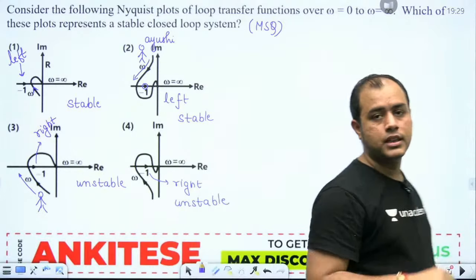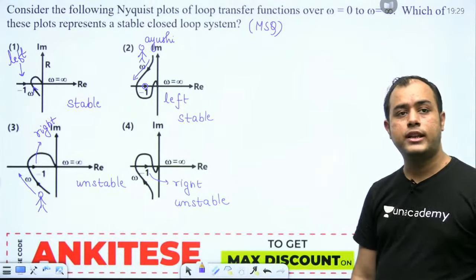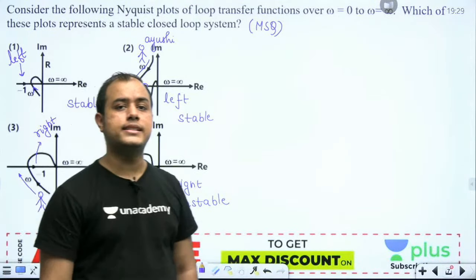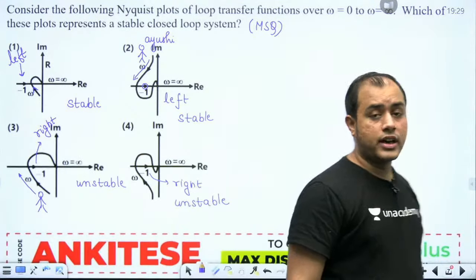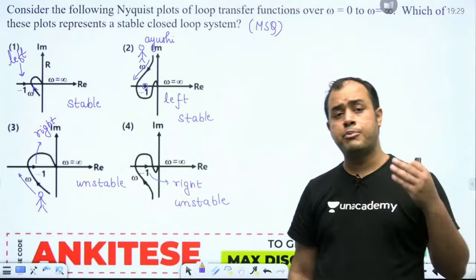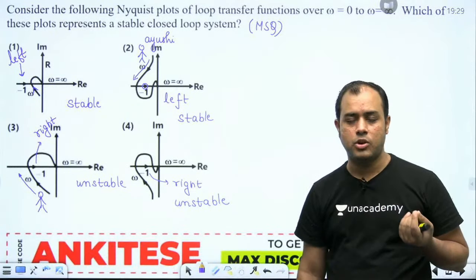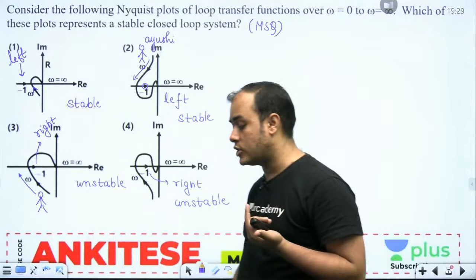Is that clear? Now, one person, Pulkit, is asking: if zeros and poles both are there, how can we quickly draw it? First of all, dear, if poles and zeros both are there, then you have to plot the polar plot first, and that will need a little time. It is a little time consuming.